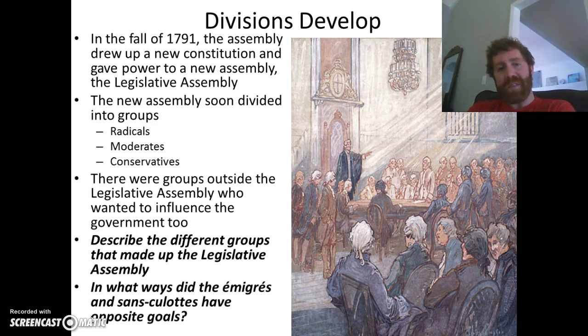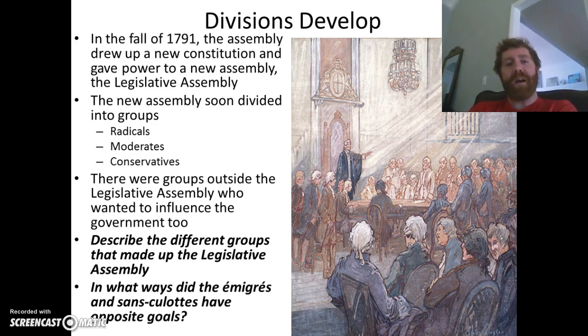In contrast to these people were the sans-culottes, which meant those without knee breeches. They were given this nickname as a way to identify them based on the style of clothing they wore.